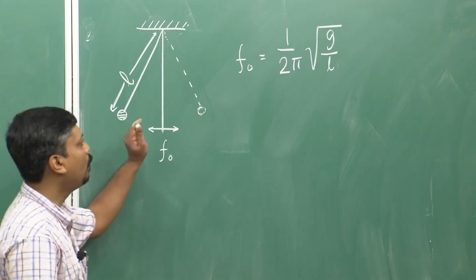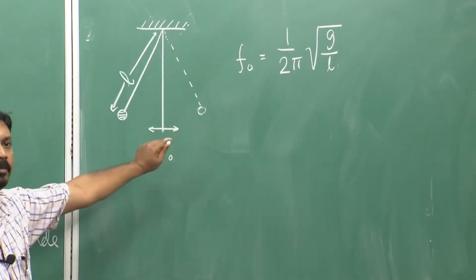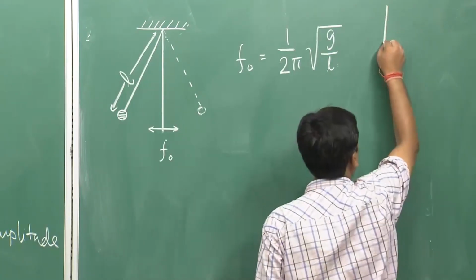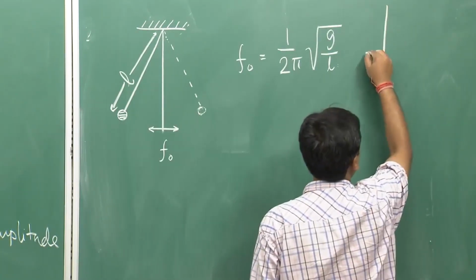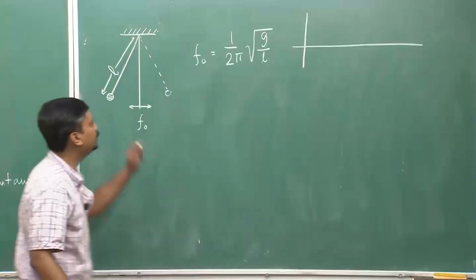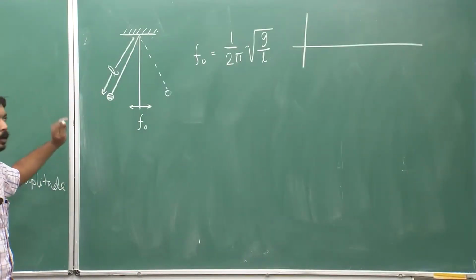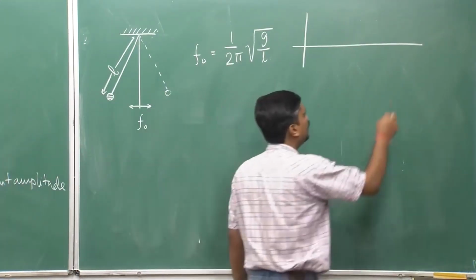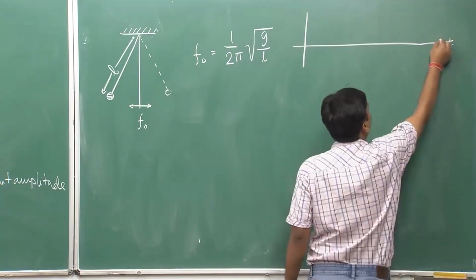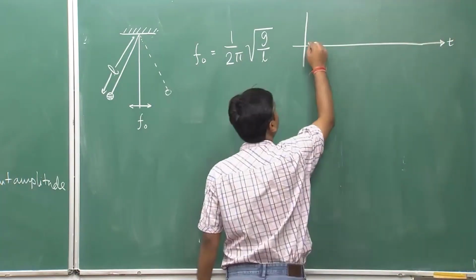Now, how will it behave as a function of time? If I look at the amplitude of this oscillation as a function of time, what we will see is something like this.